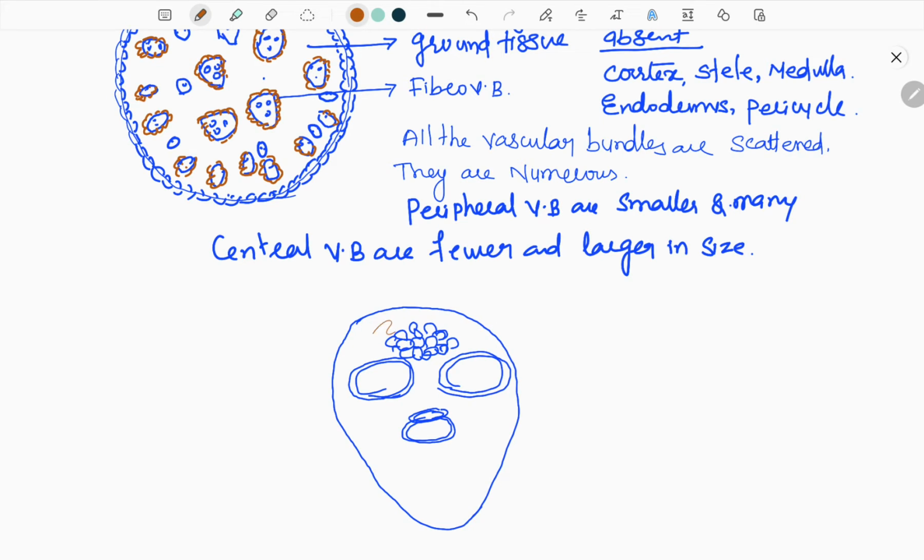And here around this you find the sclerenchymatous bundle sheath cells. This is a typical monocot stem vascular bundle. It is enclosed by sclerenchymatous fibers.